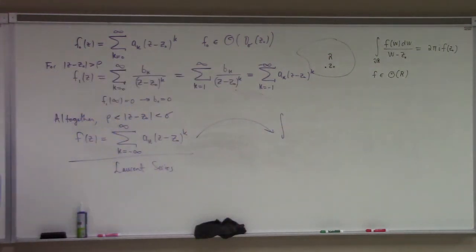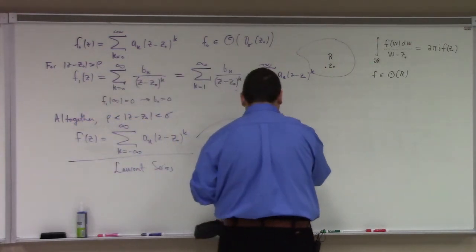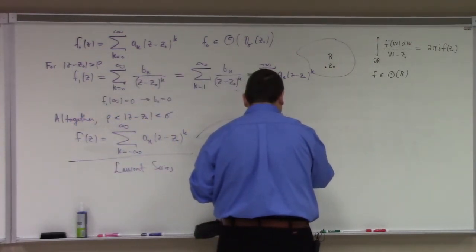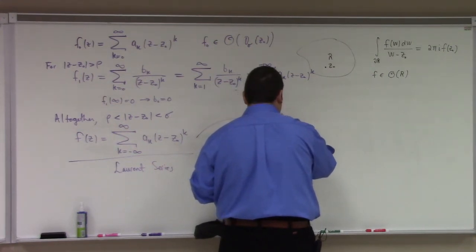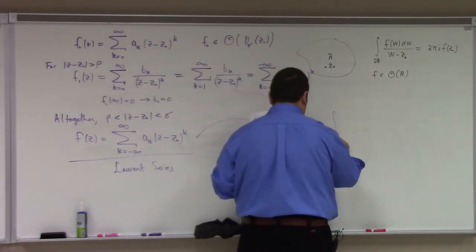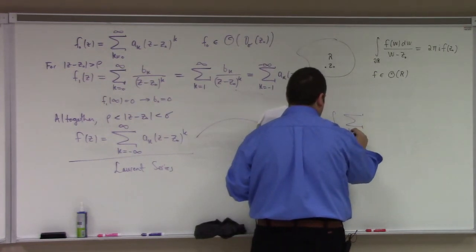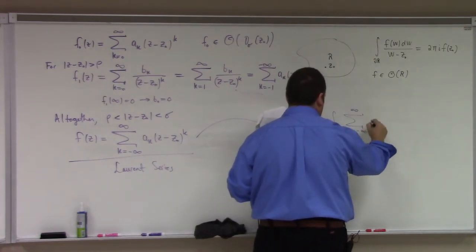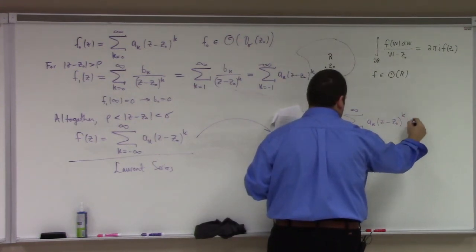So let's take the integral over a circle somewhere inside the annulus of its application, so z minus z naught equals r, circle, f of z dz. All right, so this gives us the integral of the sum k equals minus infinity to infinity of a sub k times z minus z naught to the power k dz.